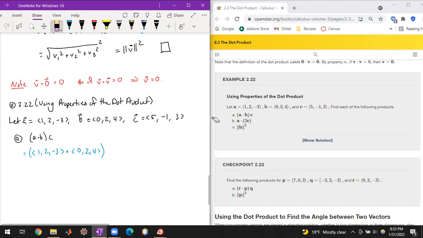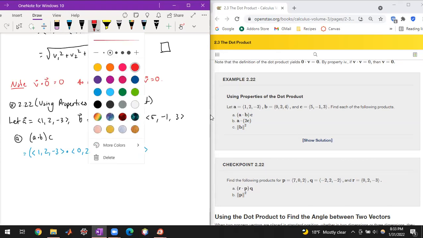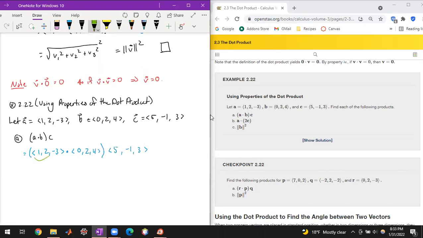Our vector C, as a reminder, is 5, -1, 3. So this is what I'll do first, inside of our parentheses, just like we're used to with order of operations. The dot product says go ahead and multiply the corresponding components. So 1 times 0, plus 2 times 2, plus -3 times 4.